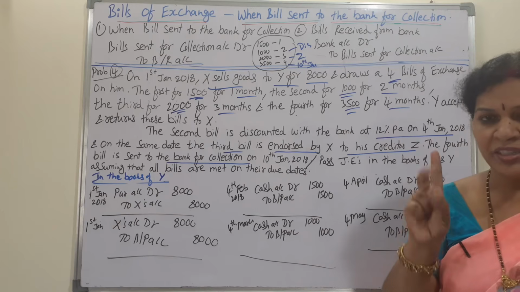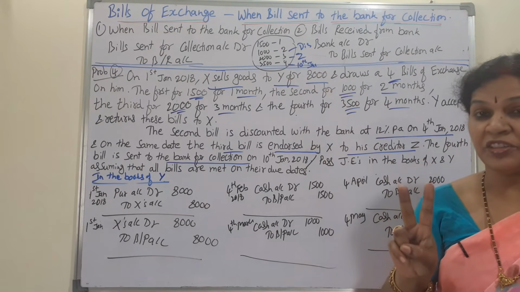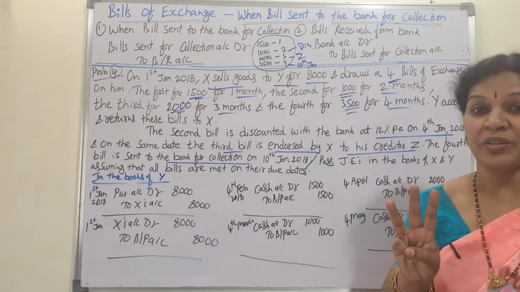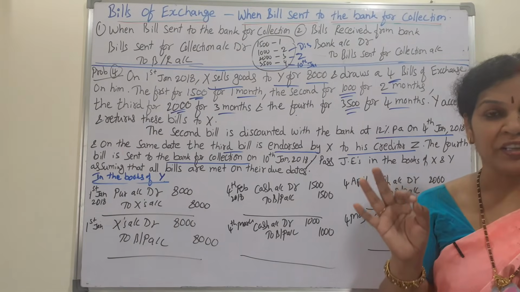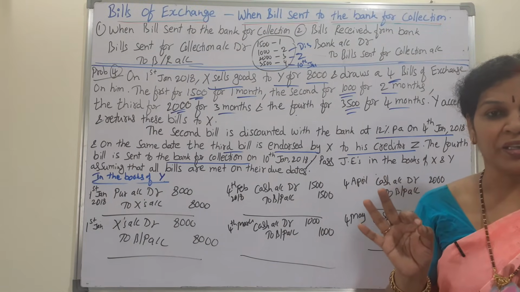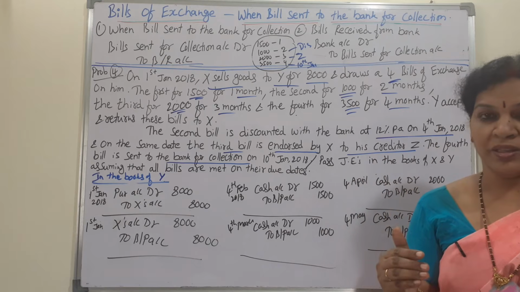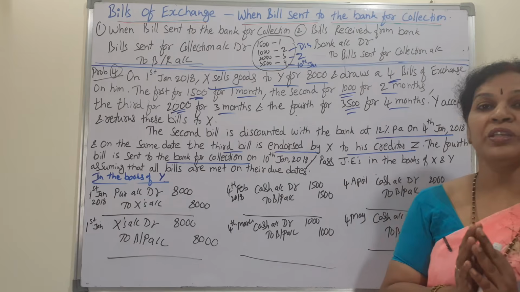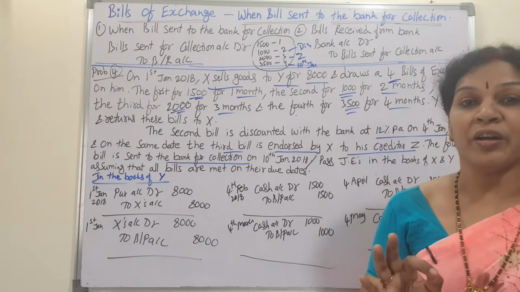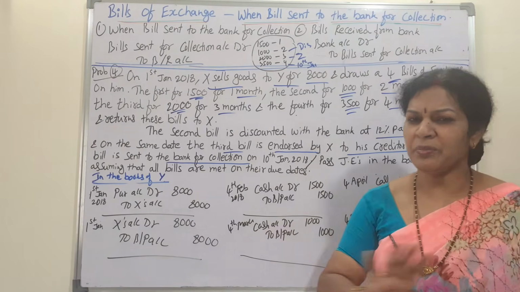Third is bill discounted: cash or bank account and discount account debit to bills receivable. That entry also takes place in the books of drawer only. Drawee books, it doesn't make any difference.